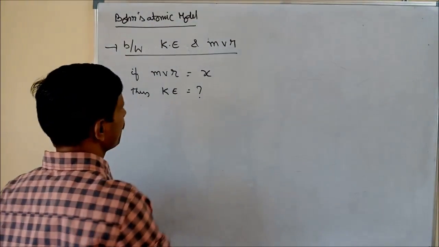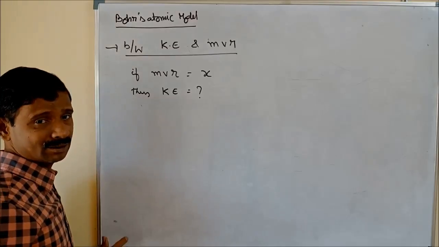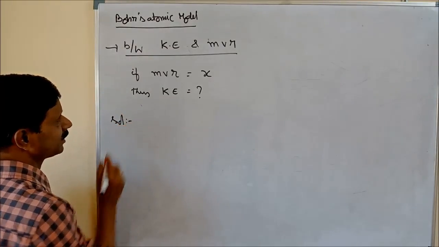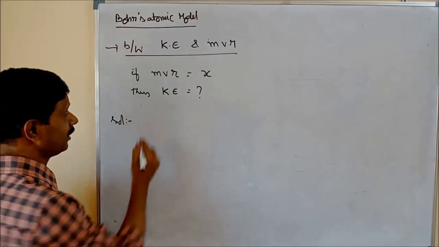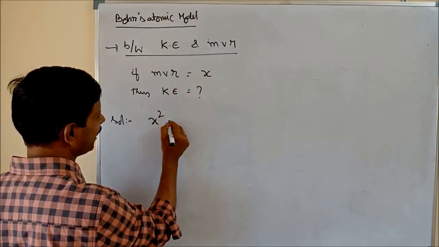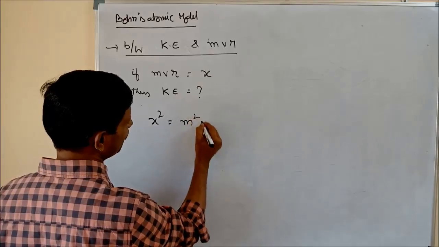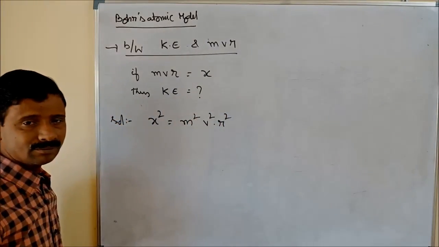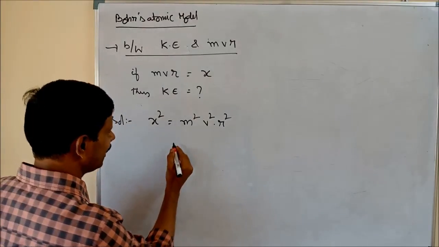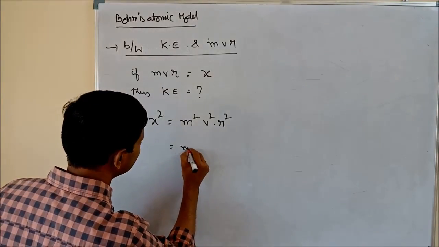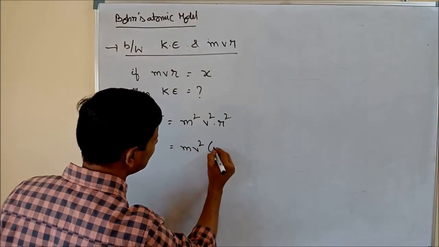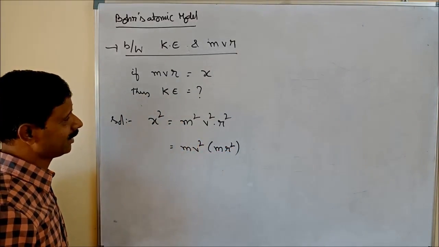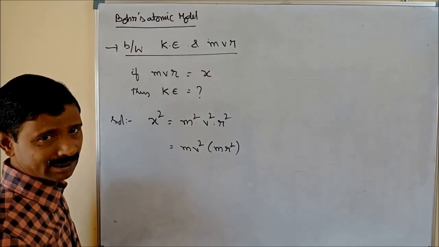Now see, they mention angular momentum as x. If you observe the solution, since x equal to mvr, therefore x square equal to m square v square into r square. Now I can write this relation in this way, that is mv square into m into r square. So x square equal to mv square into mr square.